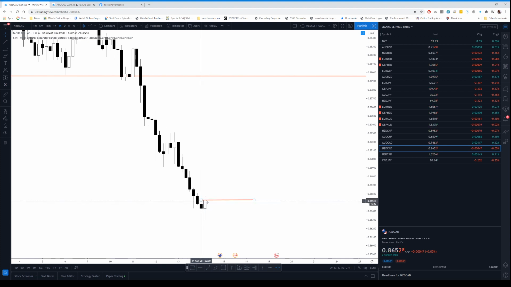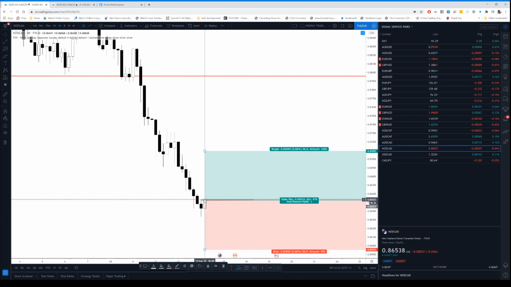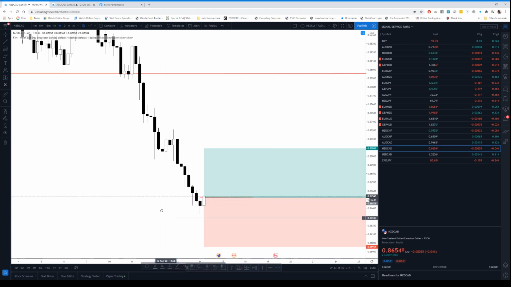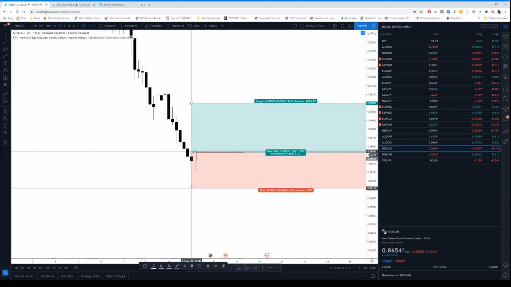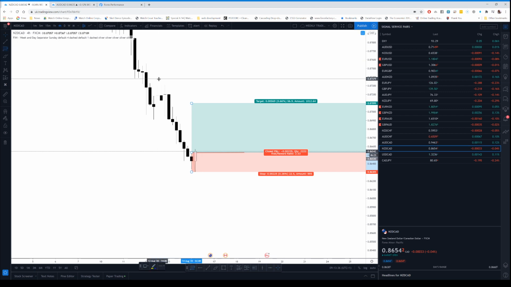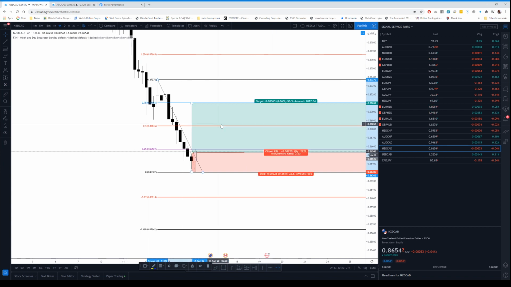And then once this closes, then you can do this. We have a range high here. So between this high and that low, 50%. That's your first target.